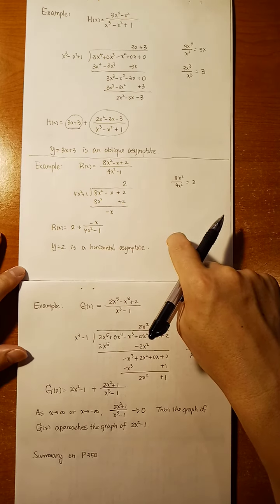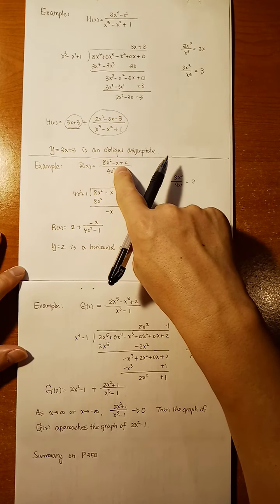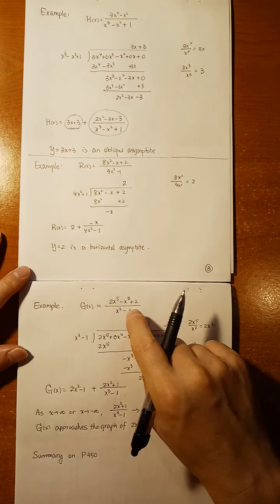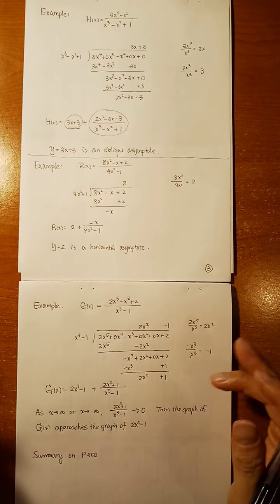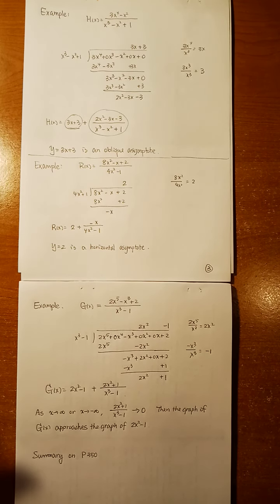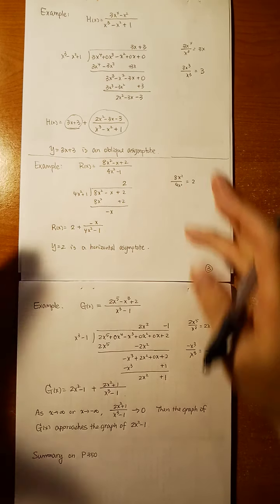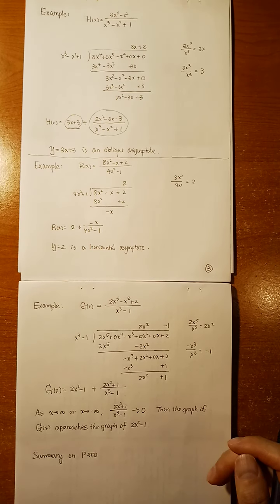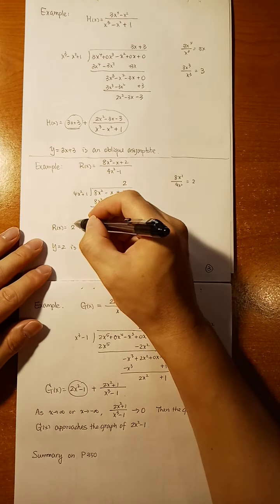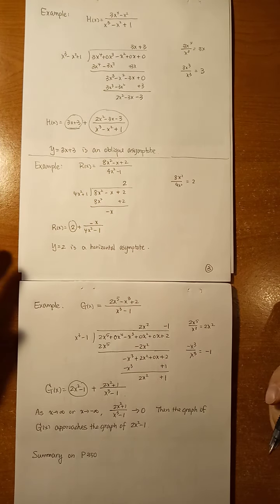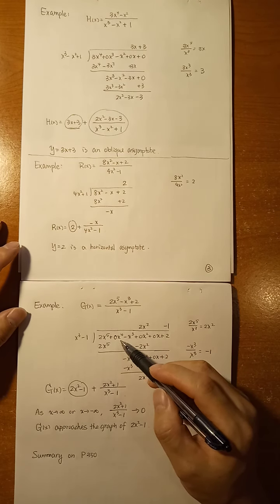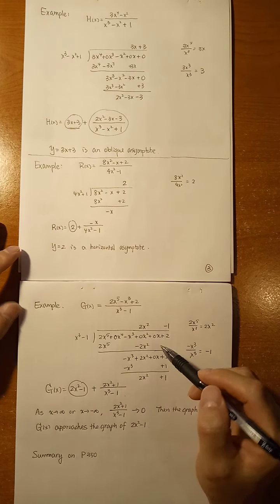This part you have a horizontal asymptote because they have the same degrees. This part you have the other case because the difference of degrees is 2. It's greater than 1. If it's greater than 1, you don't have a horizontal or oblique asymptote. But anyway, you're going to do the long division in order to determine this term. Okay, and when you do the long division, don't forget to insert the missing terms.